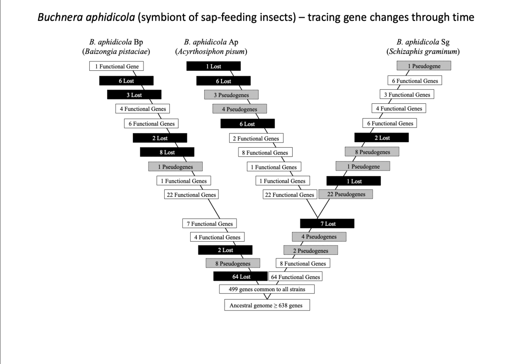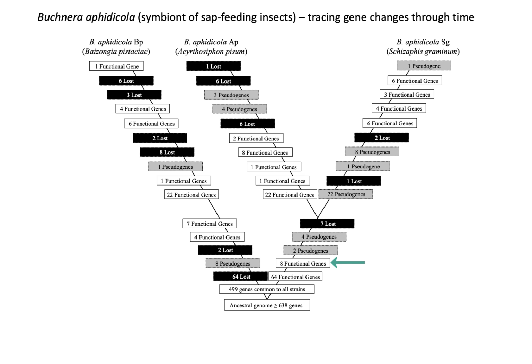As you move up on each one of these lines towards that species, you can see that 64 genes have been lost leading up to one of the varieties, where those 64 are actually still functional genes in the other line. And then you go up a little further, 8 have become pseudogenes in that one, and the same 8 are still functional in the other line.